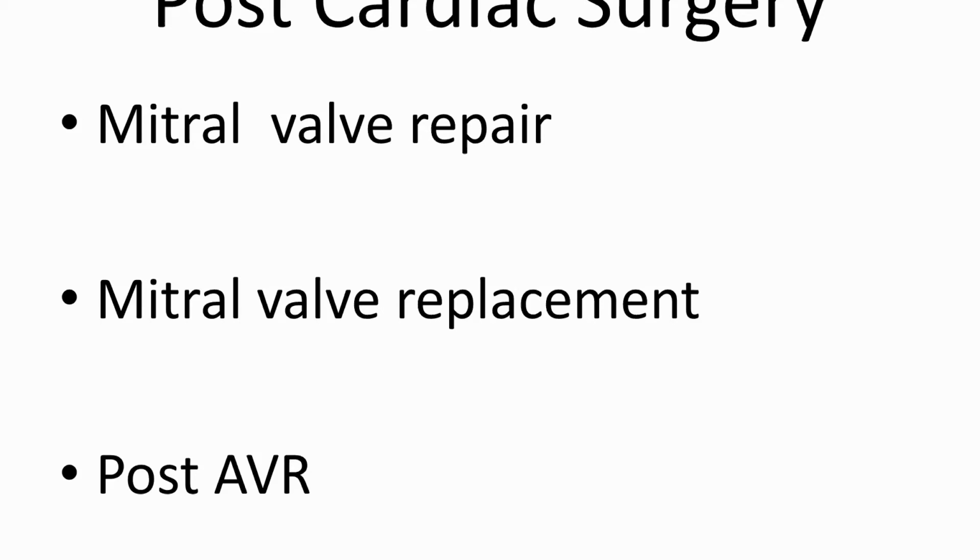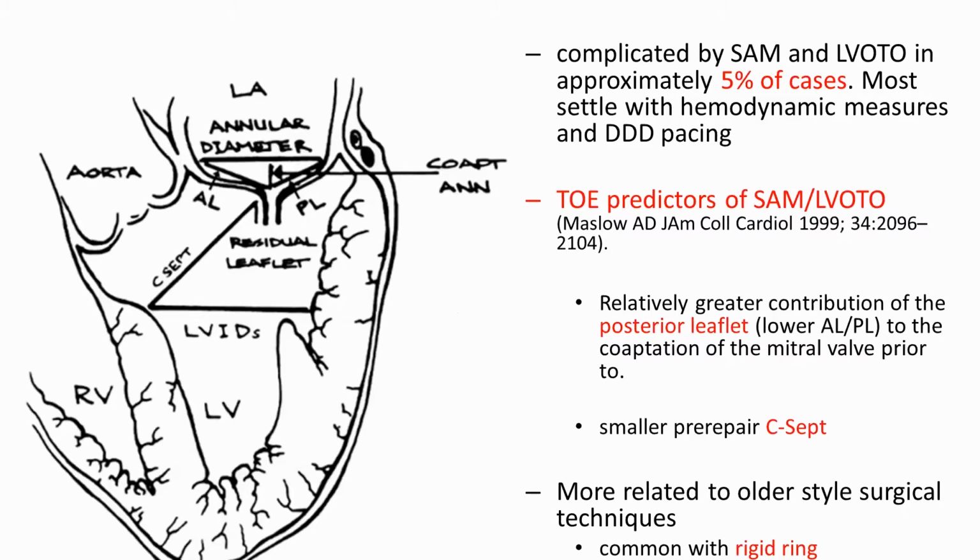So they're the 3 risk groups that you need to be aware of for SAM and outflow tract obstruction. So it's a busy slide, but in the post-mitral valve repair group, only about 5% of cases will develop it nowadays. And most often, even though you might see SAM intraoperatively or post-operatively, most of the time the SAM settles with the simple hemodynamic measures, which we'll talk about later on in the management section.